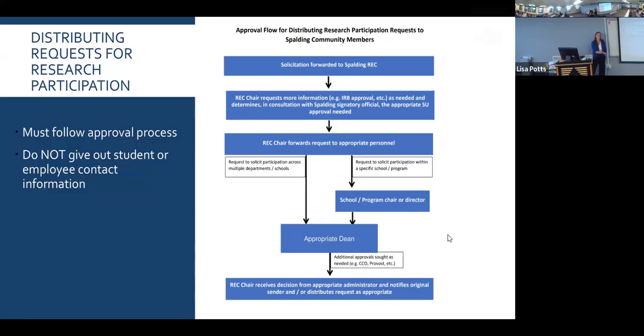If you want to recruit students, that is okay, but that needs to look like you are sending your recruitment information to that program chair or the faculty, whoever it is, and saying, will you please share this with your students in whatever way you see fit? Rather than saying, can you please give me your students' email addresses?